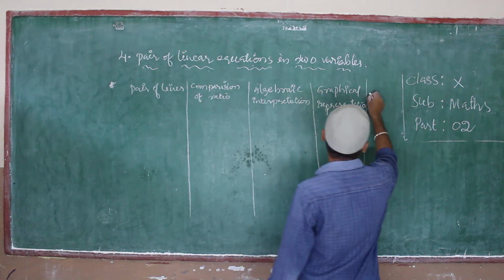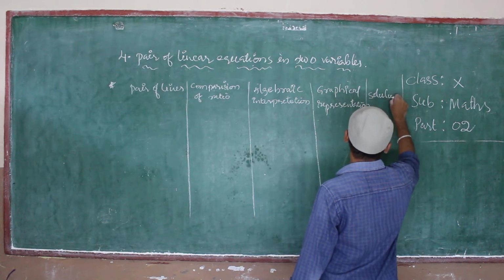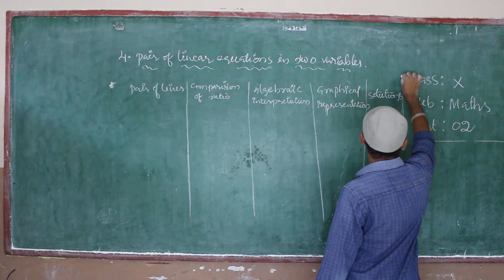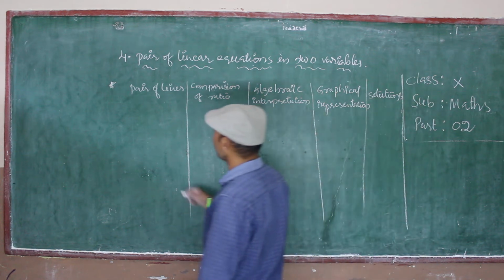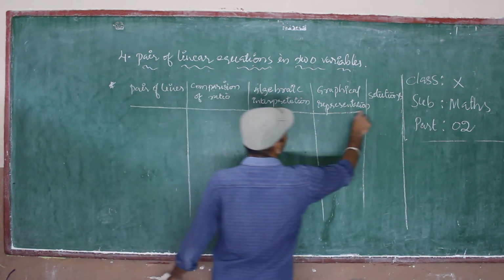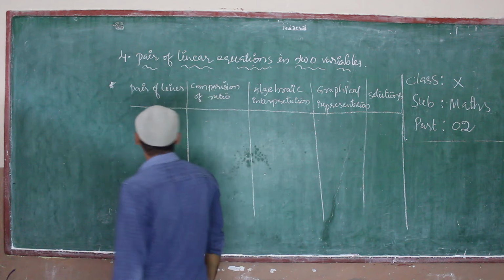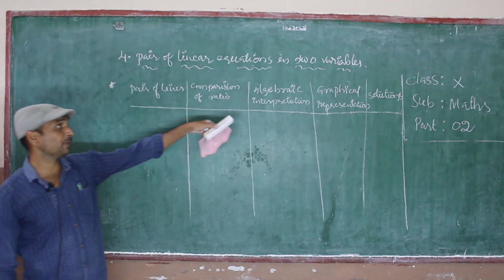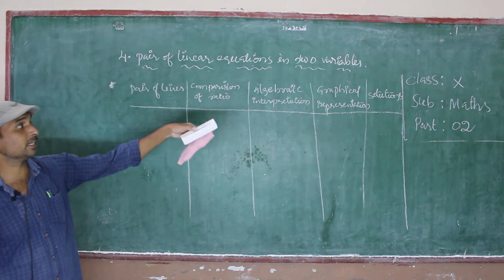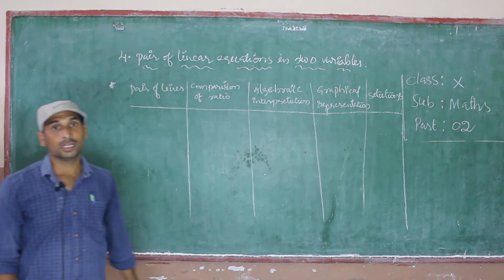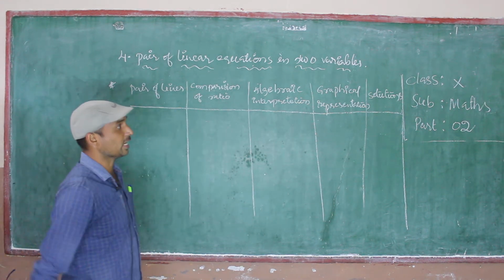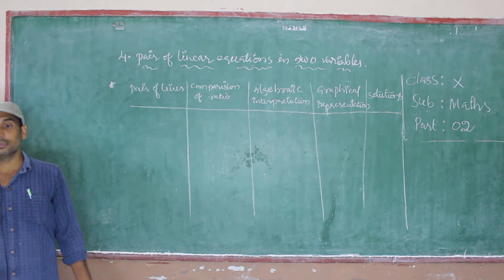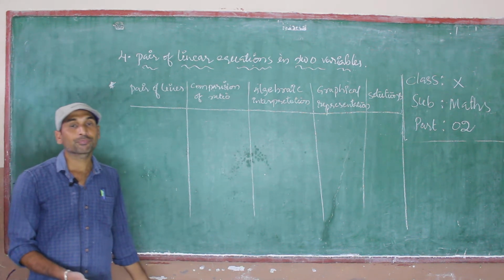Next, solutions. So this is, children, carefully. So pair of lines, comparison of ratio, algebraic interpretation, and graphical representation, solutions. So based on this table, first I will explain the table, then after from the second topic we will find out.